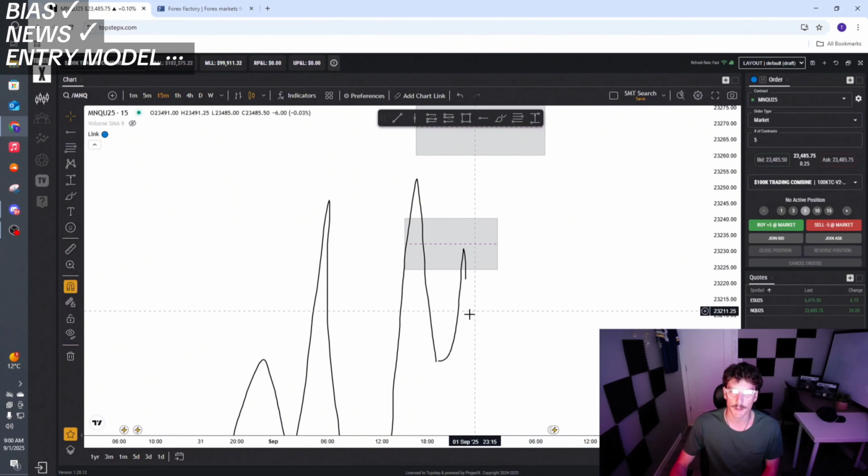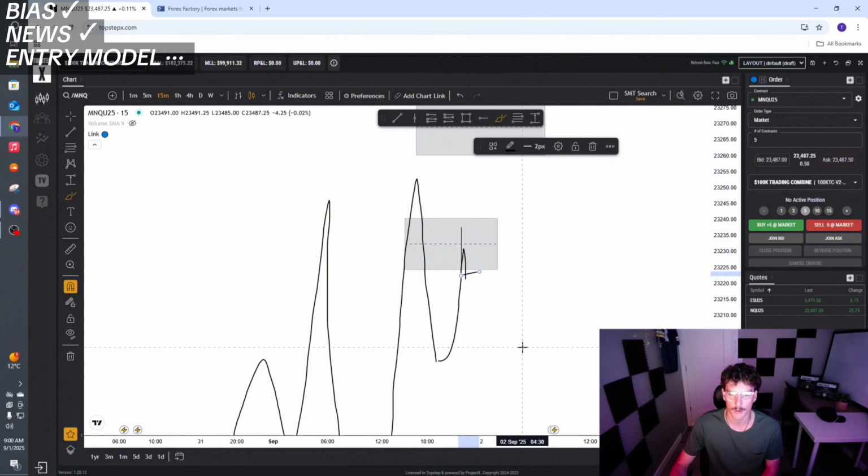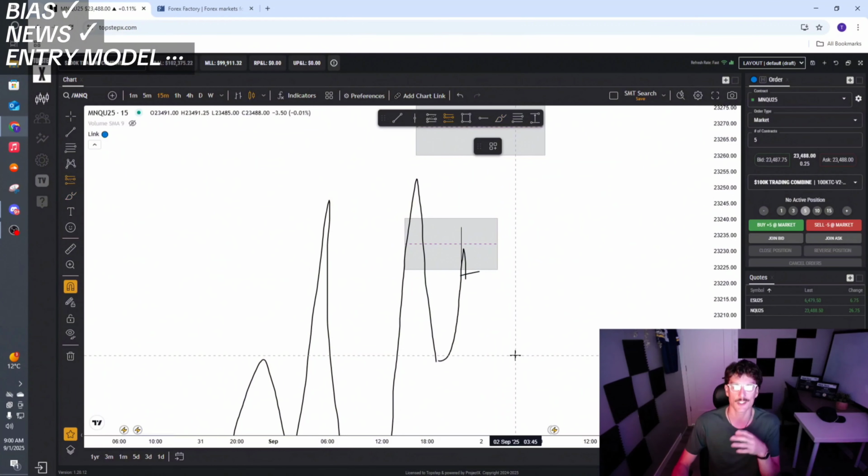We come up, say for example, we make a good wick upward, and this is our candle, and we get a good candle close right here below the fair value gap. So what I would do automatically as soon as the candle closes, and that's another thing too with this entry model, you have to wait for a candle close.